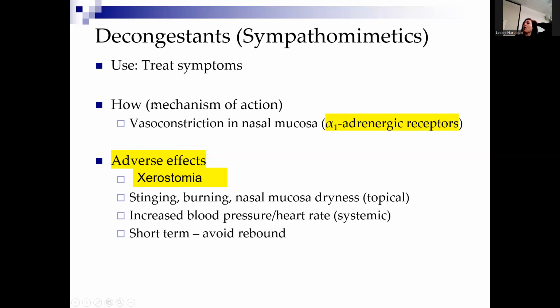And the mechanism of action for decongestants is vasoconstriction in the nasal mucosa. So an alpha-1 adrenergic receptor is going to be the response. Vasoconstriction. Did I say that backwards earlier? Alpha-1 agonists act as nasal decongestants by constricting blood vessels. Yeah, that is what I said earlier.